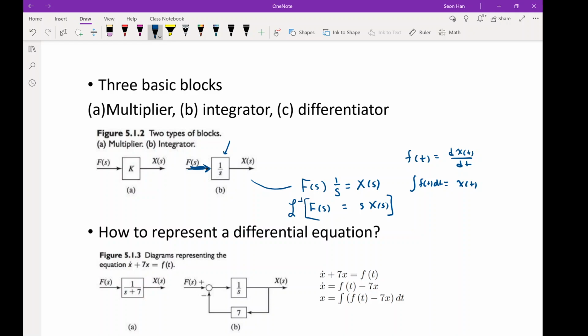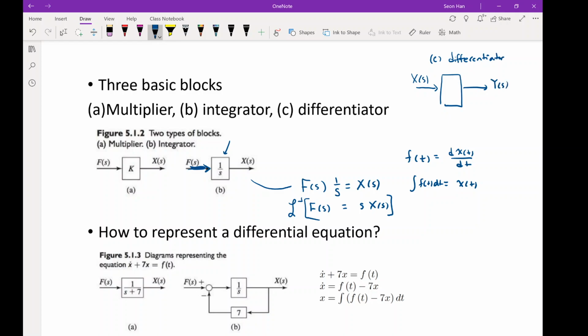There's another type of block which is also important, a differentiator. Can you guess what the differentiator will look like? This is figure C, I made up my figure. If you have a signal going in, you can name it however you want. Let's say you have an x of s going in. I want to differentiate it to get, let's say, y of s.